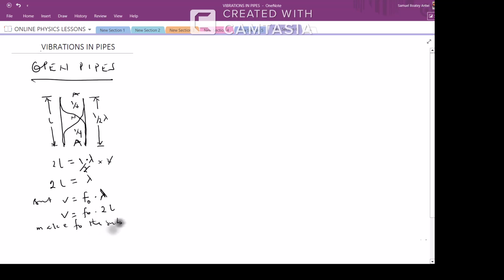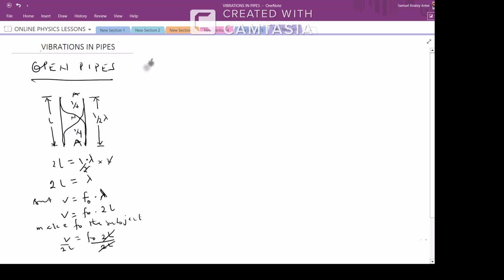So let me put that down quickly. We are going to divide all the sides of the equation by 2L. So 2L here, 2L there. The 2L over 2L to our right cancels out.